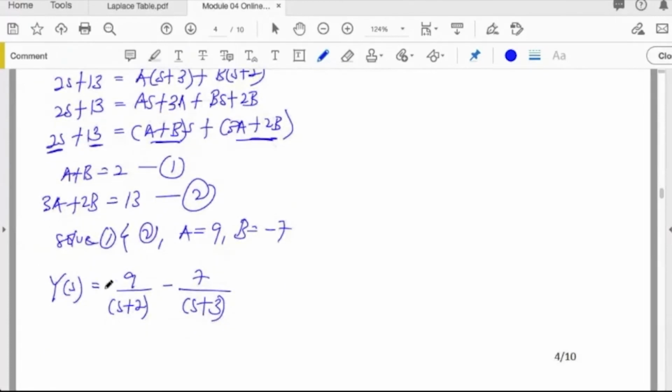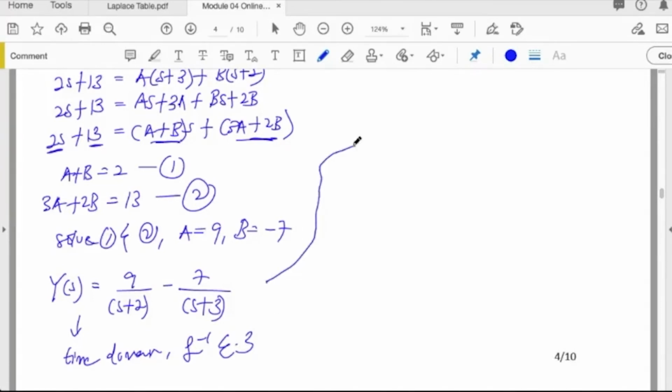Okay, so this is in terms of the S domain. Since your question is in terms of time domain, you need to convert this back into a time domain function. Okay, so to convert into time domain functions, we apply inverse Laplace.